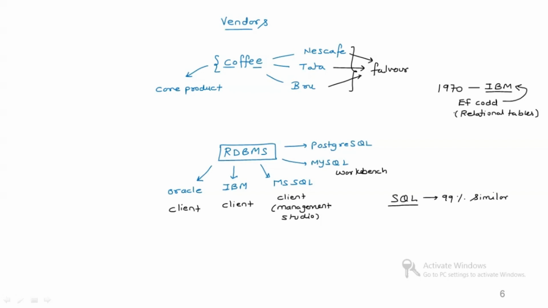So E.F. Codd started reaching out to the clients of IBM. There was pressure from the clients, because clients want everything to be quick and fast. E.F. Codd explained how the relational table, his idea, can be beneficial for the clients. So clients started pressurizing the IBM team.